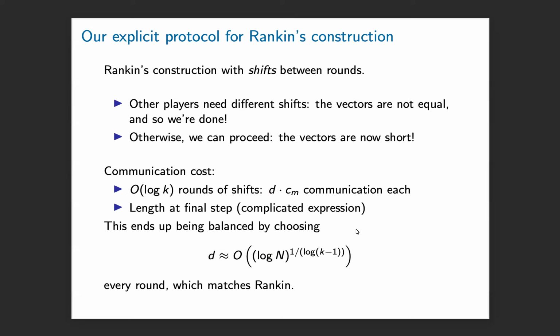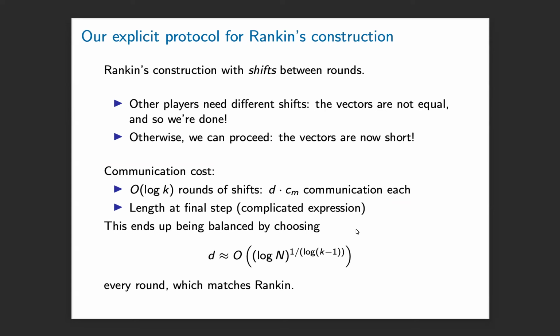So what is the communication cost here? We have roughly logarithmic in the number of parties rounds of shifts. These shifts each take some value, our dimension value d, times some constant c sub m, which depends on what round it is. This constant is exponential.